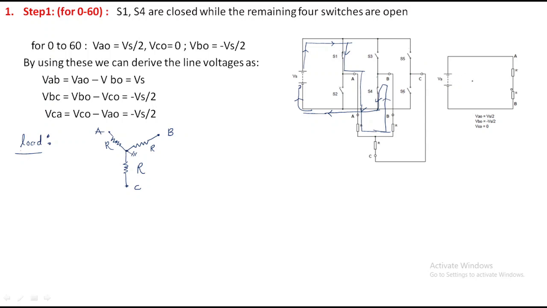The modified circuit is like this. This is the neutral point, so you can take it as 0.